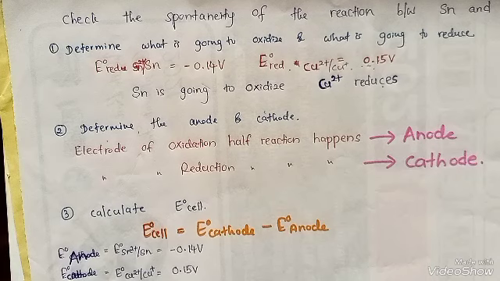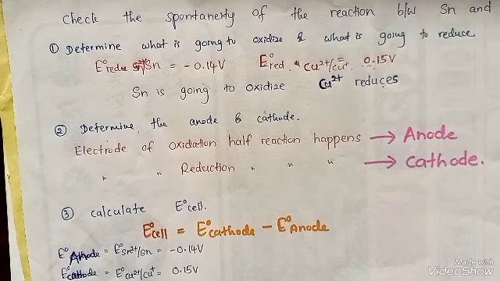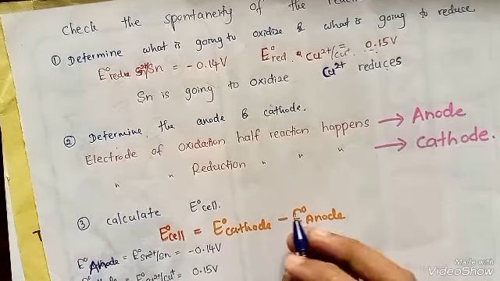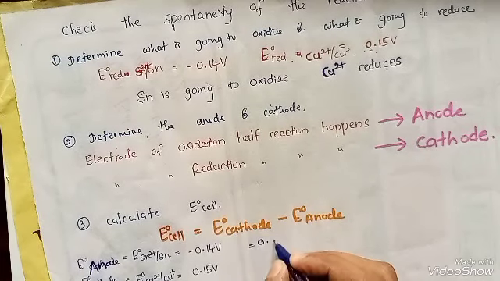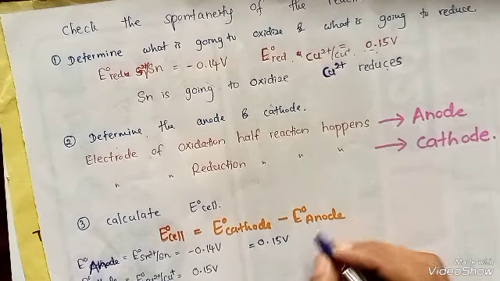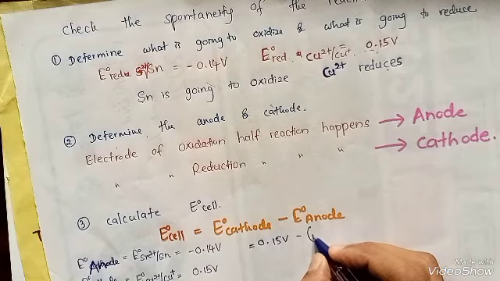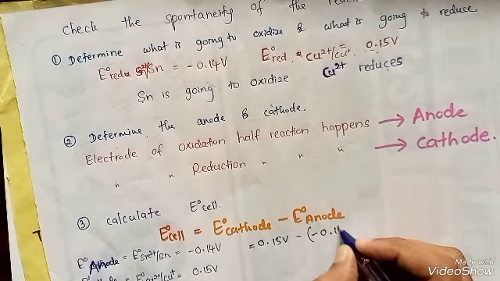Calculate E naught cell. E naught cell is equal to E naught cathode minus E naught anode. In this case, the cathode is the copper electrode, therefore E naught cathode is 0.15 volt, minus the anode, which is minus 0.14 volt.